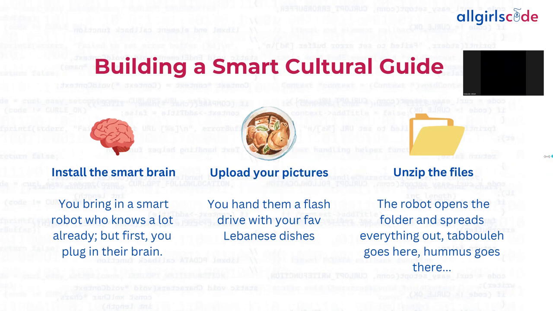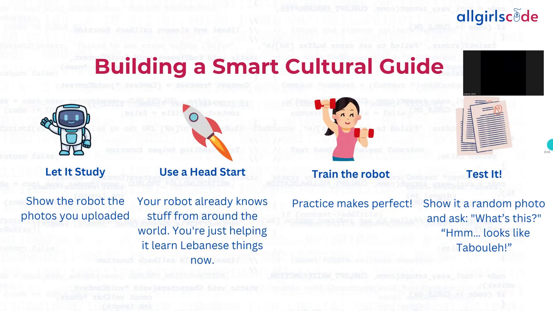So it's like we're giving it a flash drive with all of your favorite Lebanese dish photos. Then the robot opens the folder. It's going to see several photos and place them in several sections, right? We unzip it. Next, the robot is going to look at each picture. It's going to study the shapes, textures, colors.